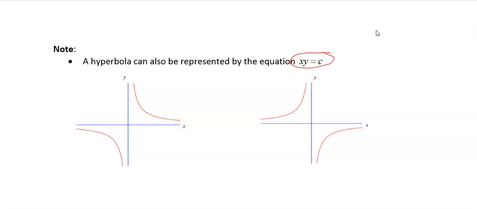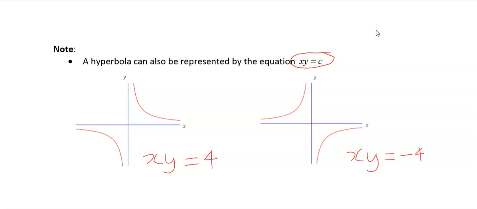These kinds of hyperbolas actually open diagonally, either up to the right and down to the left, or vice versa. So the equation for this one could be something like x times y equals 4. The equation of the one on the right could be something like x times y equals negative 4.